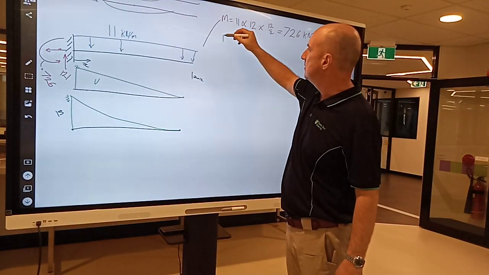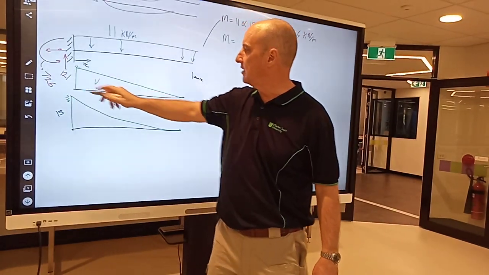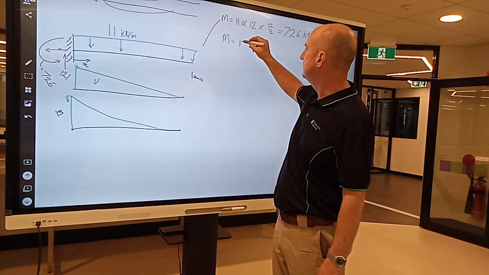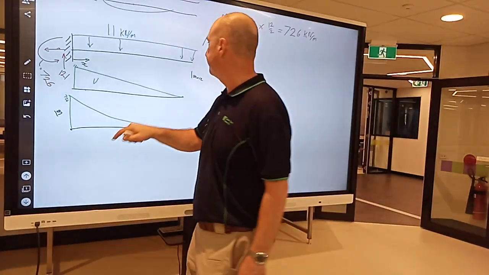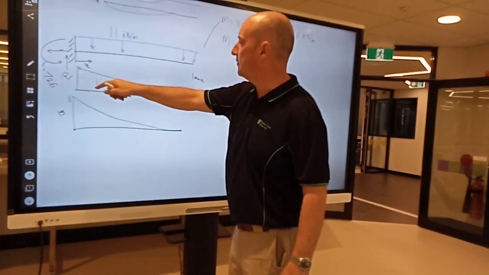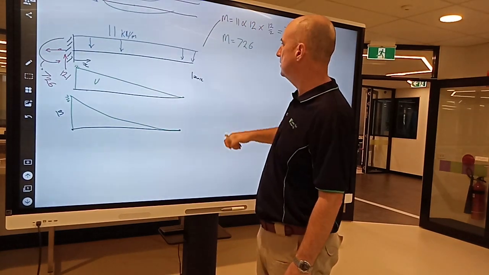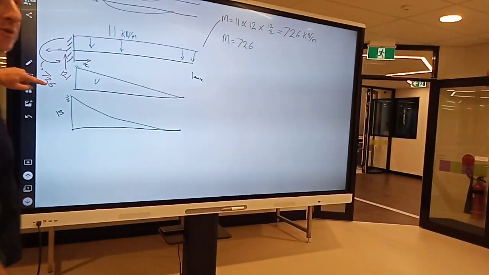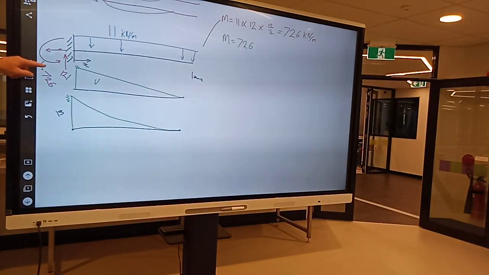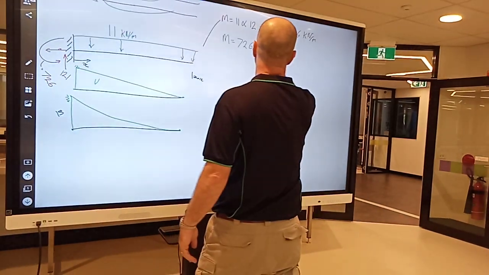So M equals, it starts off with 121. No, sorry. Starts off with 726. Okay, that's what it is at the support. But then we can see it diminishes. So how much does it diminish by?